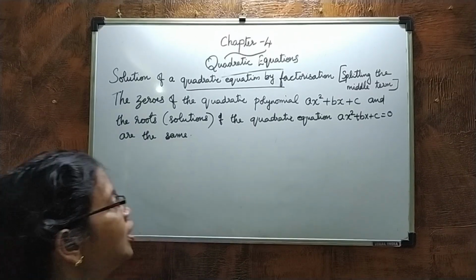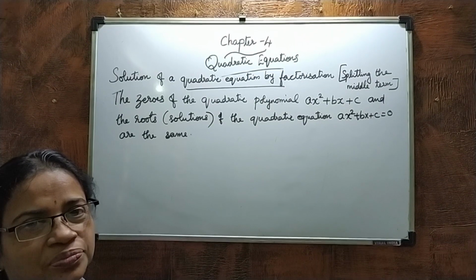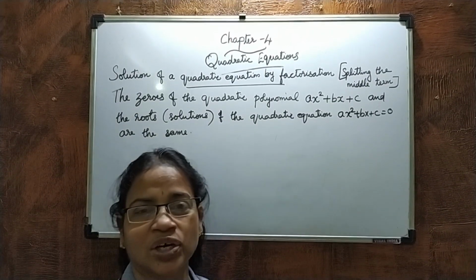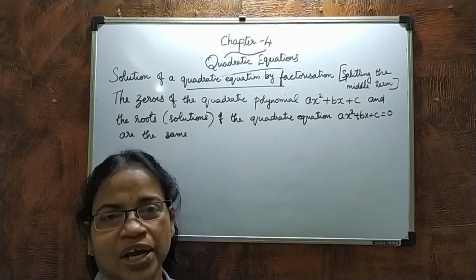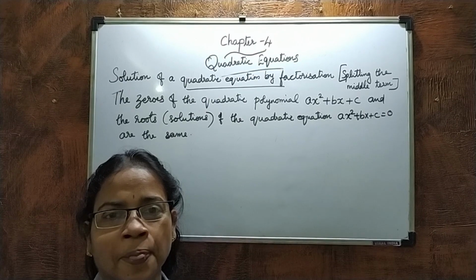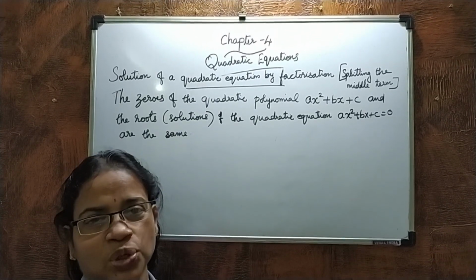We are going to learn about the solution of a quadratic equation by factorization. Solution means what? Already we know that in the quadratic polynomial we are finding zeros. How are we finding zeros? By splitting the middle term. So the same method we are using here also.